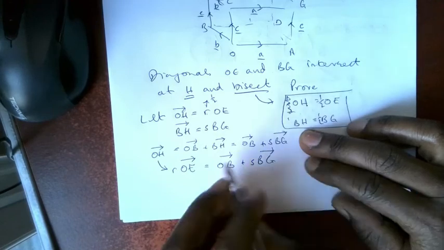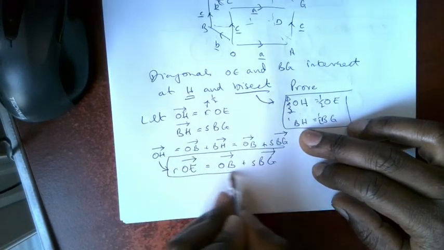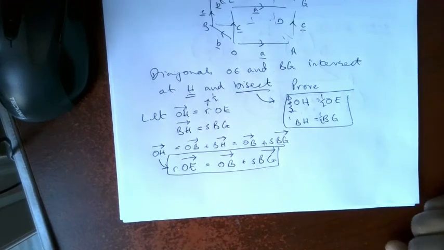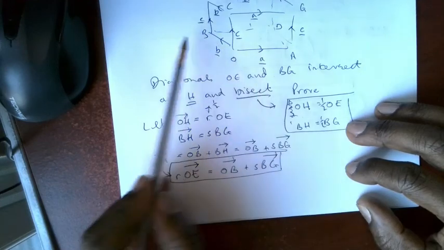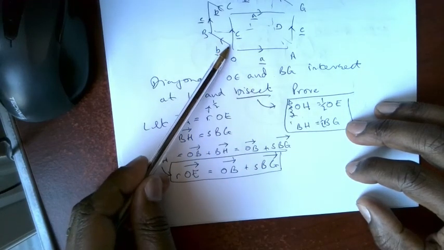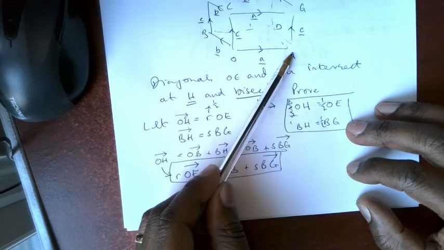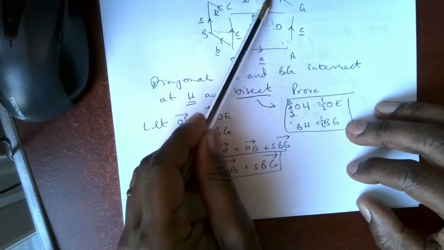So all I've done is I've taken all the things that I've had and I've put them together into one statement. Now, O to E we can work out, yeah, because we can just go along the edges. So we can go there, there, there. In fact, it's A plus B plus C.